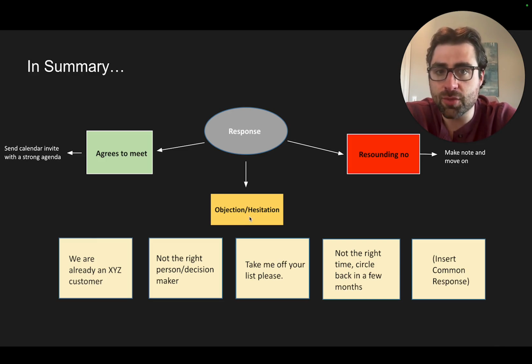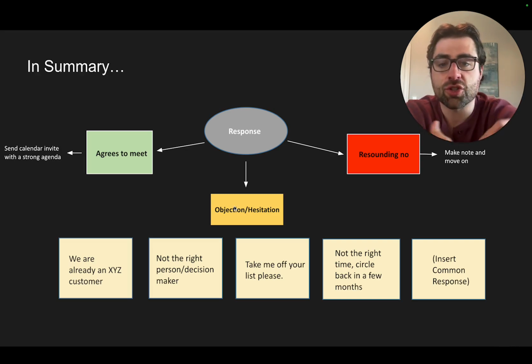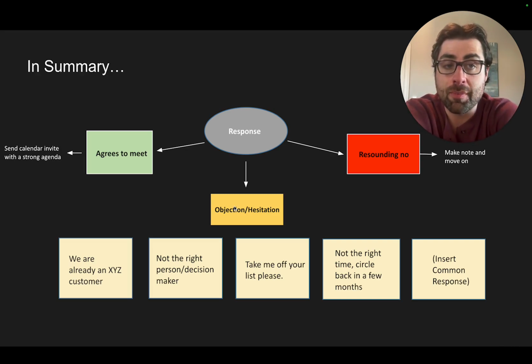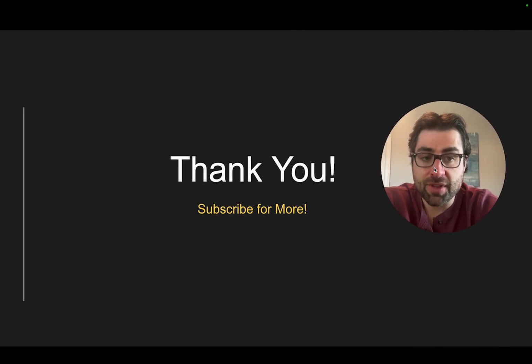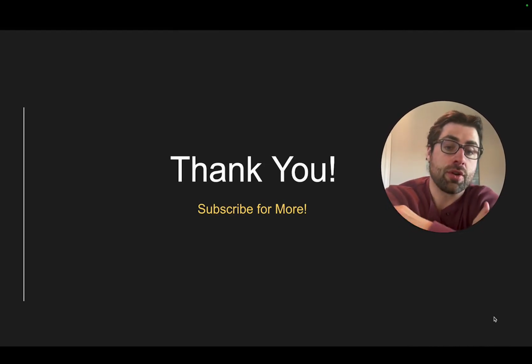The beauty of this is we get more responses, even if they are objections. The objections are good. We want to elicit as many of those as possible from people who otherwise wouldn't have responded. And if we can just convert a fraction of those to meetings, we can dramatically improve our results. So that's what I got for you today. This is something that's worked very well for myself over the course of 7 years.